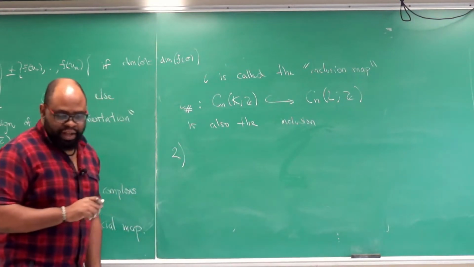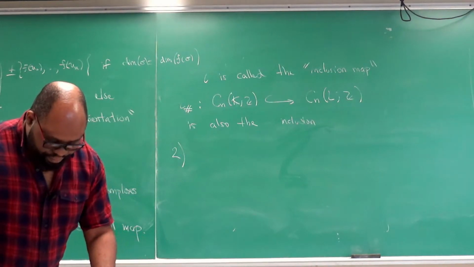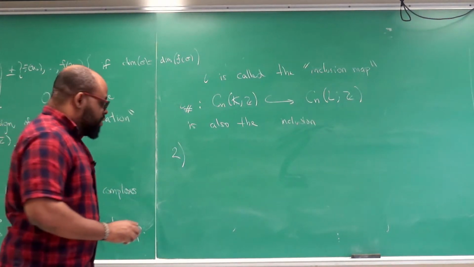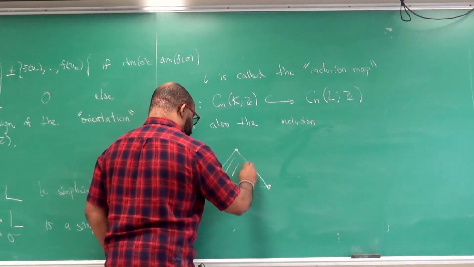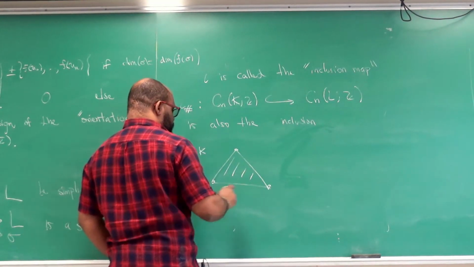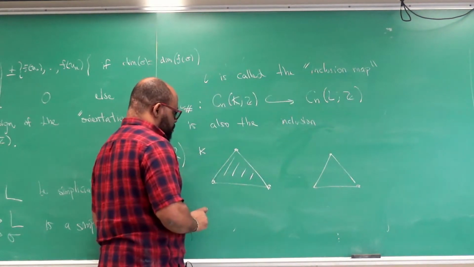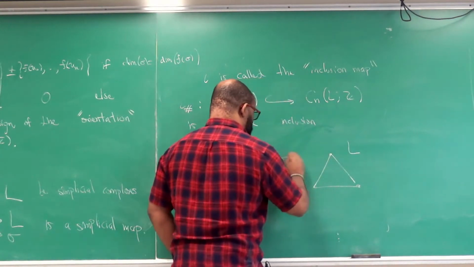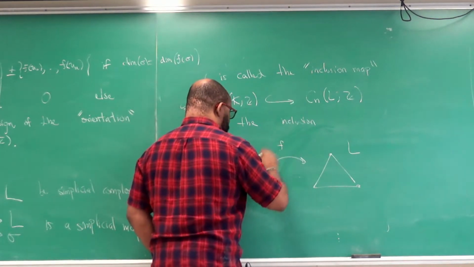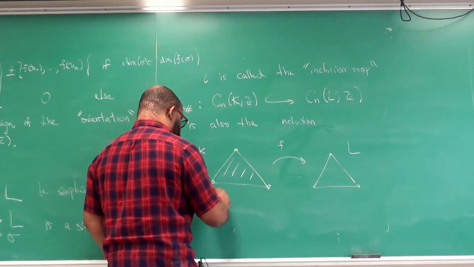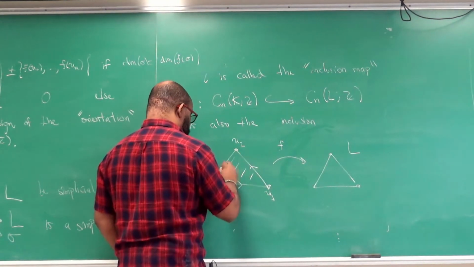Let's give ourselves an example that is a little bit more challenging. So here it is. Here's K, and here's L. And here's going to be my F, and I'm going to orient it as follows: u0, u1, u2.